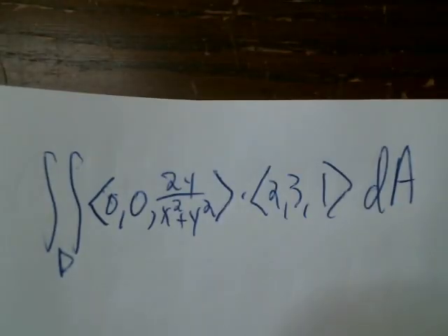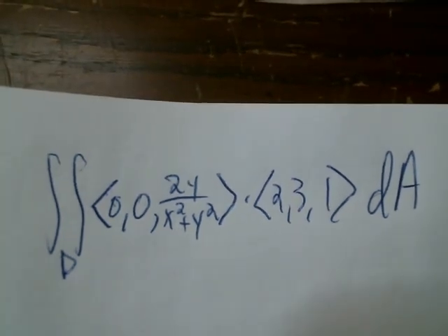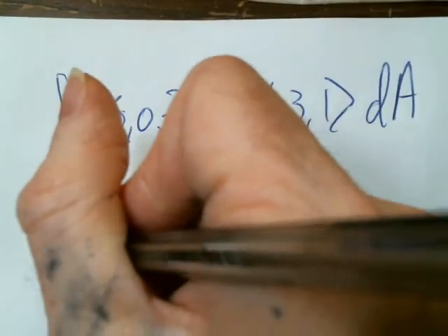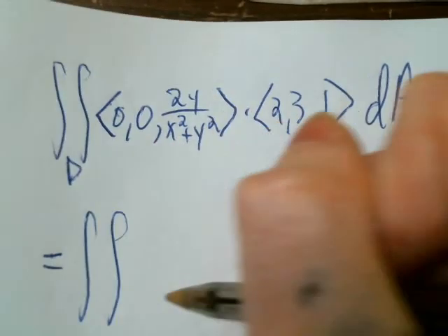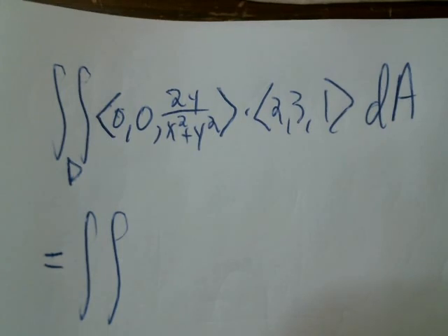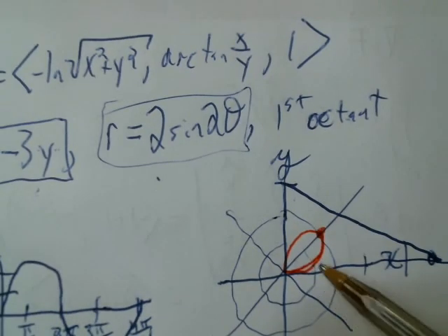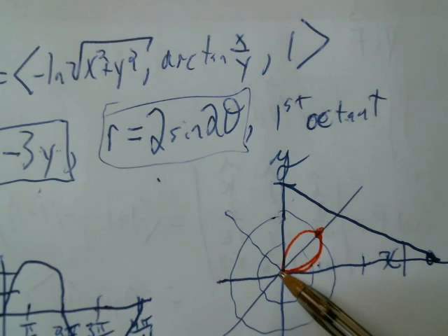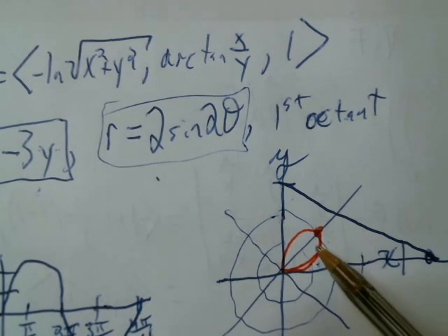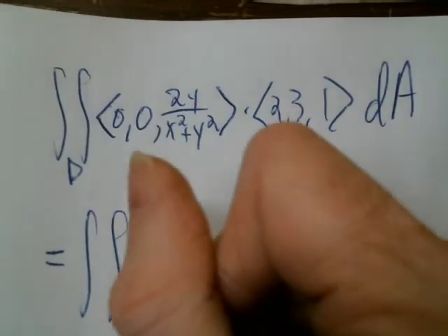I'm going to have to reparameterize everything. So it's a polar integral. For that red region that I'm integrating over, I'm integrating from r equals 0 to r equals 2 sine 2 theta.